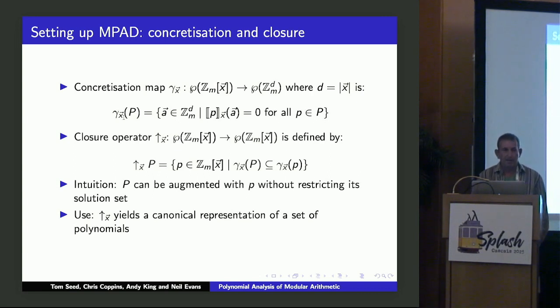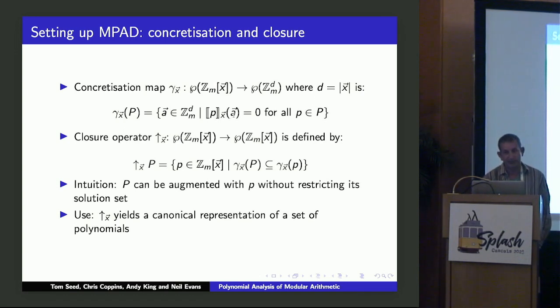Okay, so let's just think about what our concretization operation is first. We're going to take P, and P is a system of polynomials. Let me explain the notation here. Z_m[x] is the set of all polynomials over the variables x, where the modulus is m. The interpretation of P is just the set of vectors a such that when we evaluate a polynomial p from big P, that polynomial vanishes on the vector a.